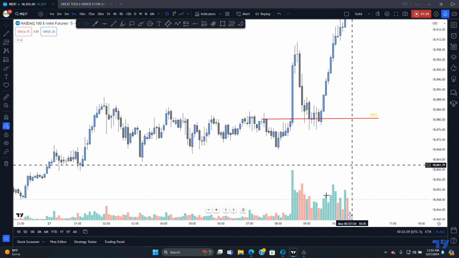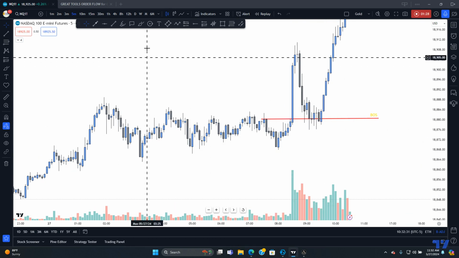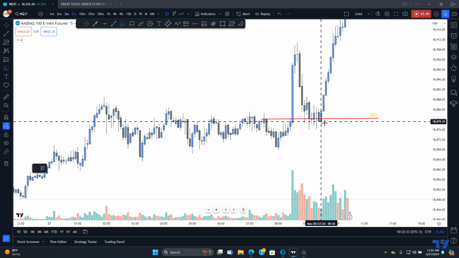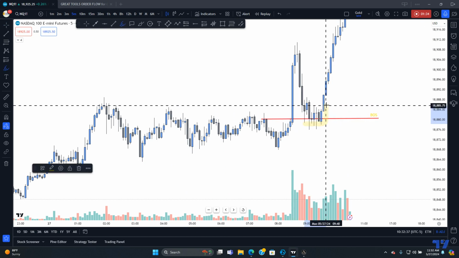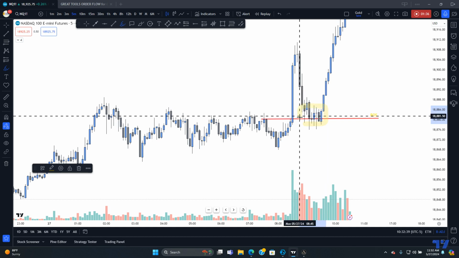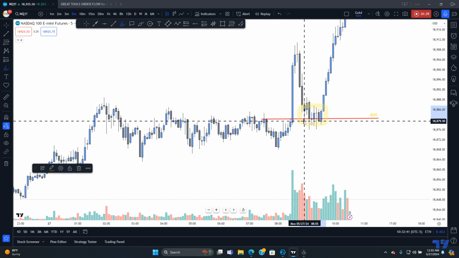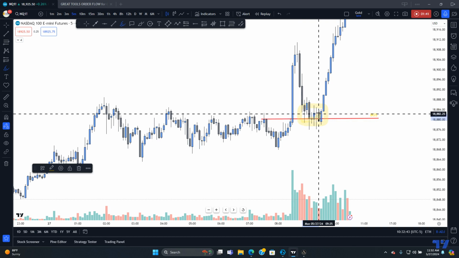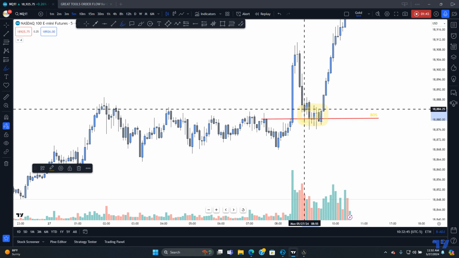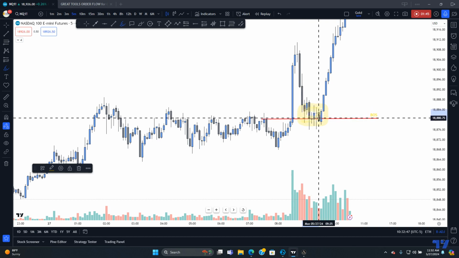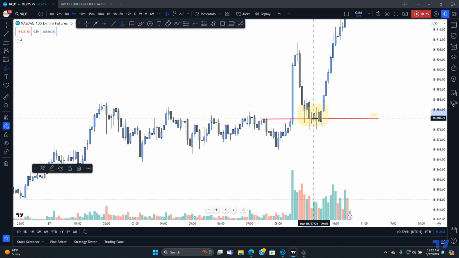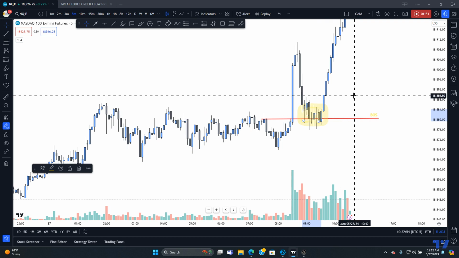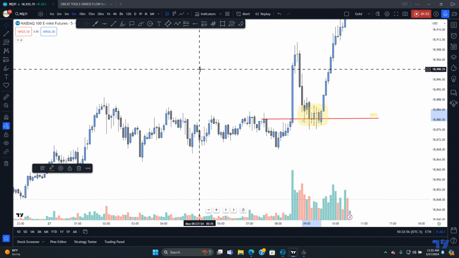But the beautiful thing about the pullback is it's not just a regular pullback. We need to emphasize the fact that there is a fight between buyers and sellers right here. And G-Man emphasized the fact that once he gets those pullbacks, he uses the tape to be confident of when to get in.